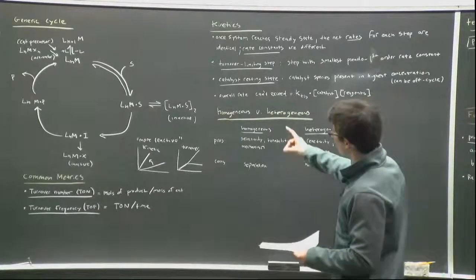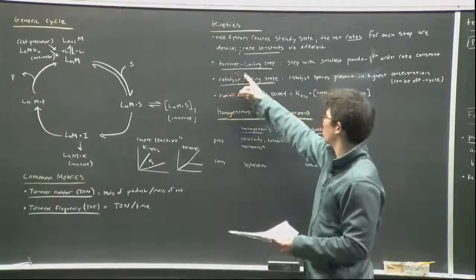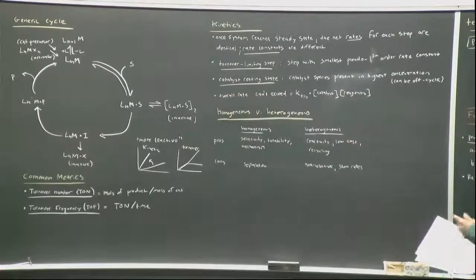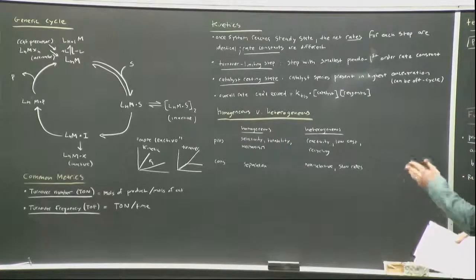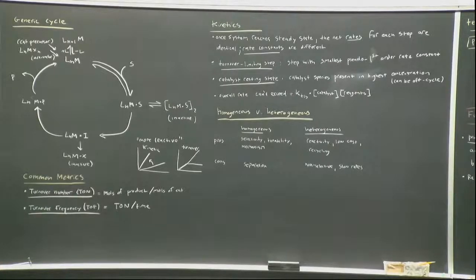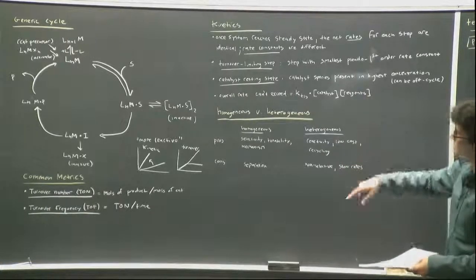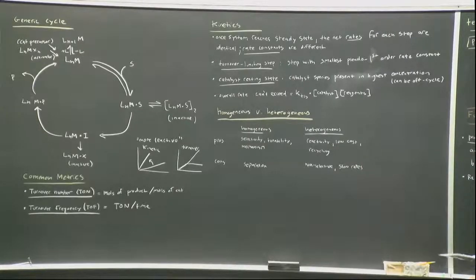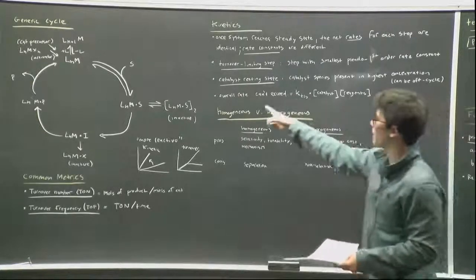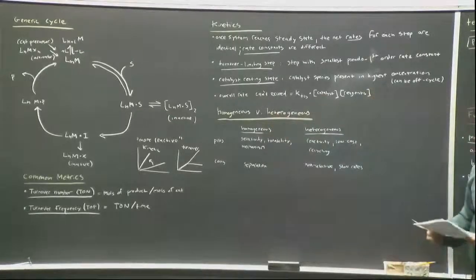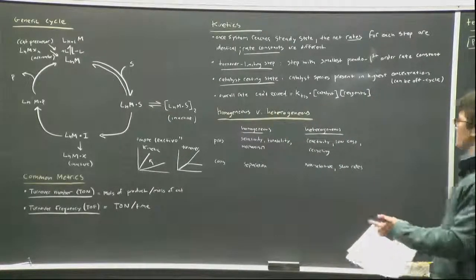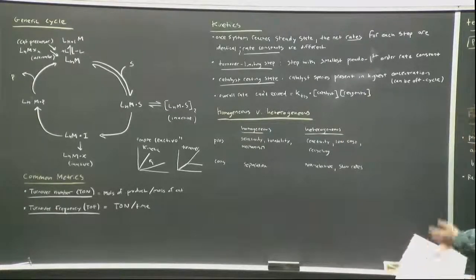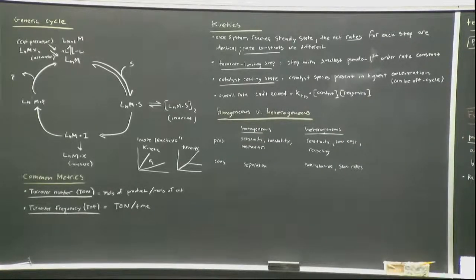And so in the Hartwig textbook, they prefer this definition of a step that's turnover limiting, meaning it's the step that is controlling how fast the rate is going, and that's the step that has the smallest pseudo first-order rate constant. So even though the rates of all the steps are the same, the rate constants are different, and the theoretical limit of the rate is essentially the rate constant of the slow step times the concentration of the catalyst times the concentration of the reagents.